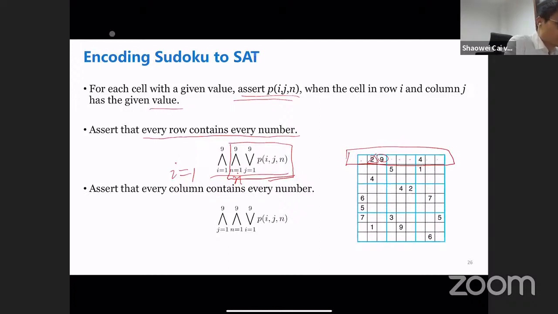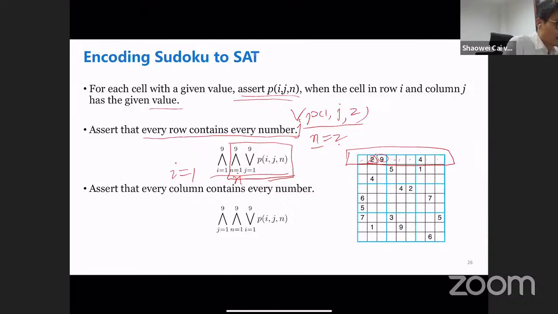It's like p 1 j n. For example, when we care about n equals 2, we get this disjunction over j, which means that this number 2 must appear in one cell in the first row.